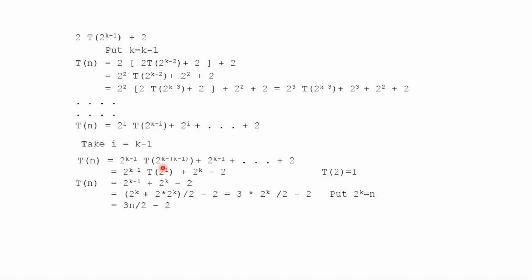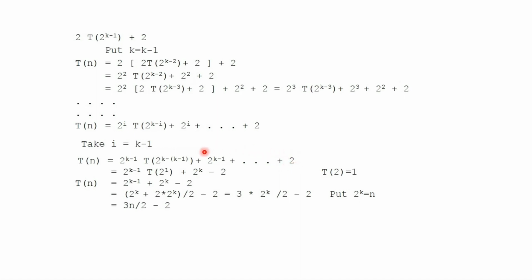That is T of 2. The number of comparisons is only 1. So 1 into 2 to the power of k minus 1, plus 2 to the power of k minus 1, plus all these values until 2.